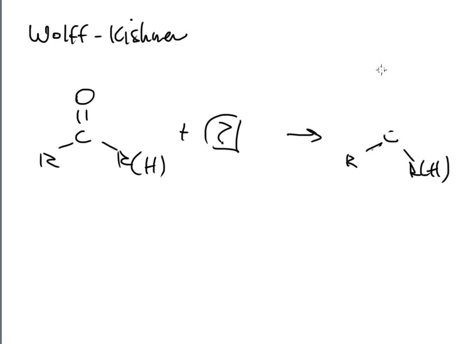No extra group. Other than some hydrogens to make carbon happy because it just lost 2 bonds. So, of course, hydrogen's going to have to go in. But that's it. We get rid of the carbonyl. We don't have any extra functional groups that get added onto the molecule that we're going to have to deal with later. Maybe we won't want those groups. That's basically what Wolff-Kishner does.